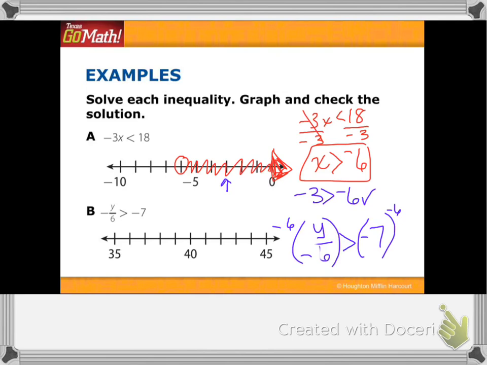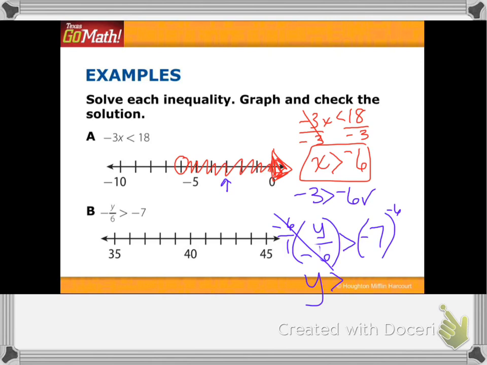A negative divided by a negative is a positive. So -6 times y over -6 cancels out to y over 1. So we have our little y is greater than, and then a -7 times a -6.